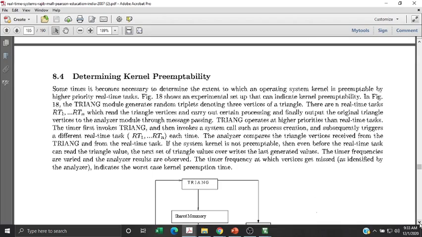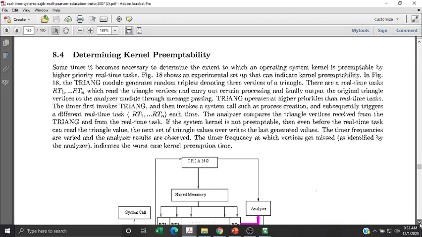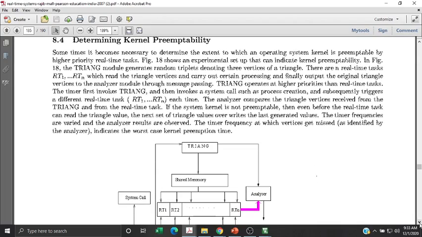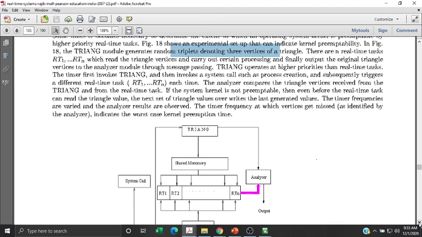Kernel preemptibility is another aspect which has to be tested, and here Trang is one program which generates triplets denoting three vertices of a triangle, and there is a certain kind of processing that is targeted.